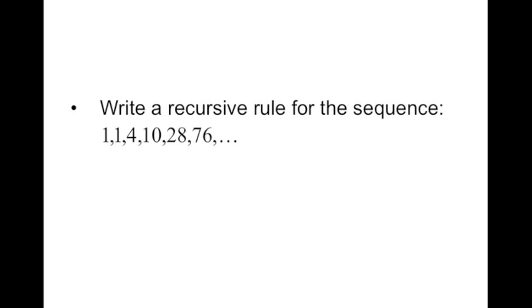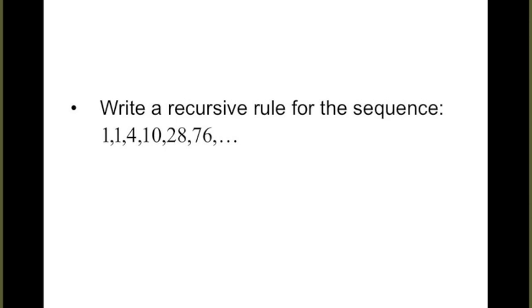So take a look at these numbers and see if you can figure out how we can create them from 1 or 2 previous terms. Thinking about adding, subtracting, multiplying, dividing, or squaring are usually our methods. Let me know when you think you see it.